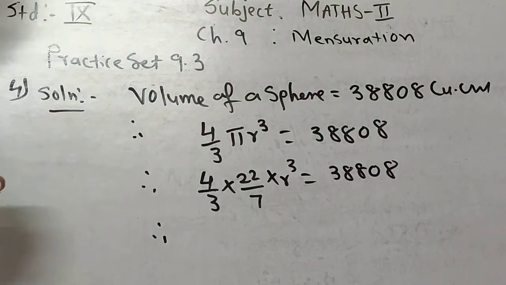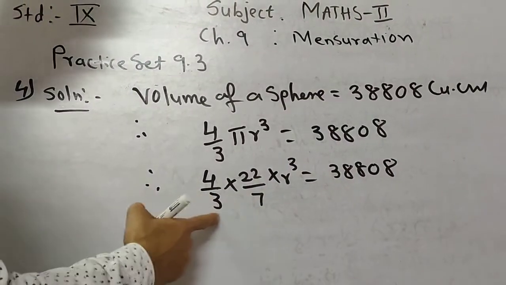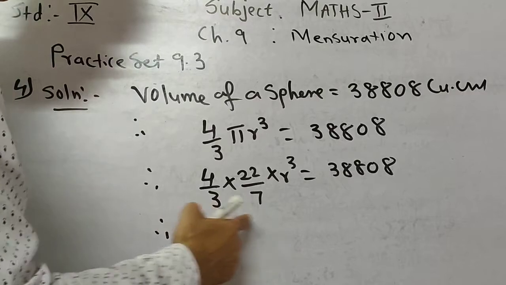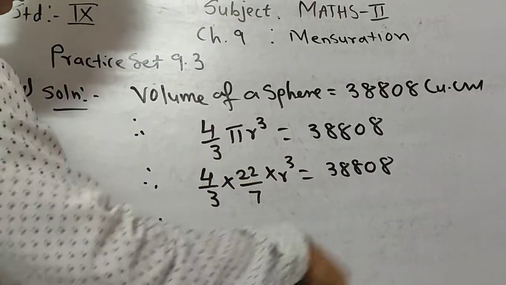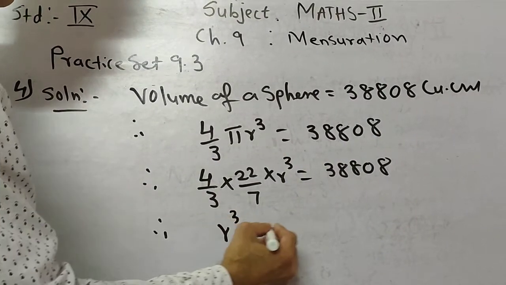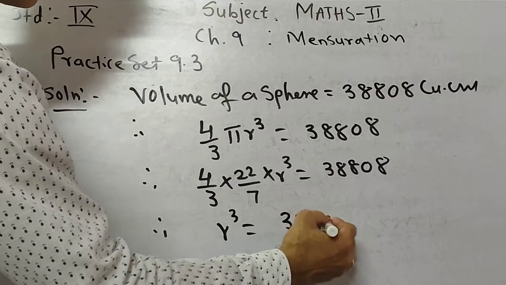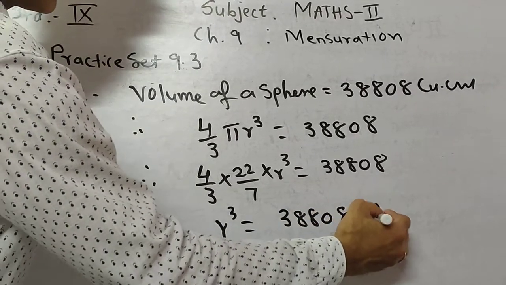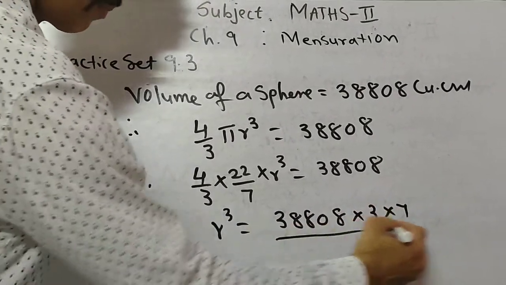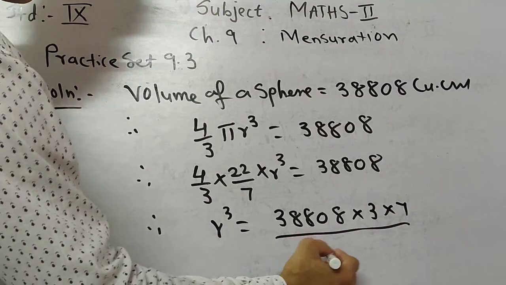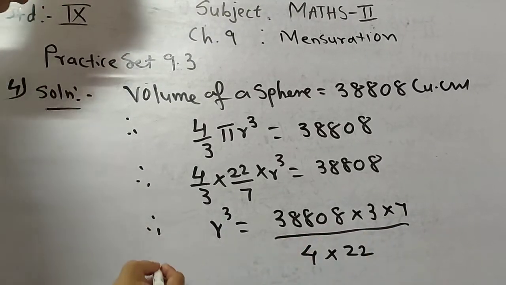Therefore, the numerator and denominator numbers will swap, so r cube is equal to 38808 into 3 into 7 upon 4 into 22.